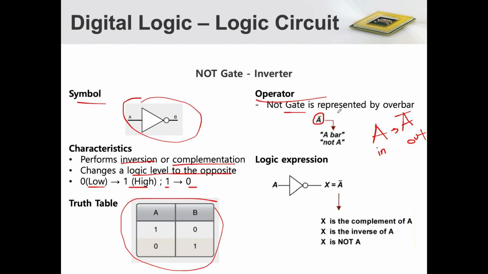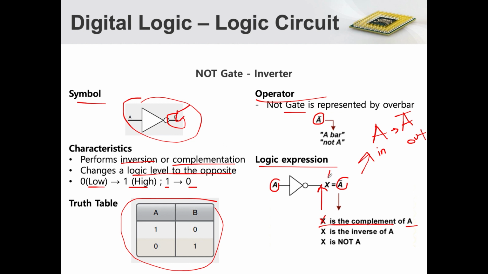So this is just the operations view of the NOT gate. And then about logic expressions, over here quite similar to mine, you have A as the input and your output will become A bar. So X is the complement of A. X over here is your output. Last time I called it B, so don't be confused, because everything over here we call the output.